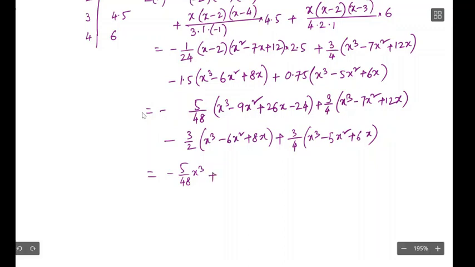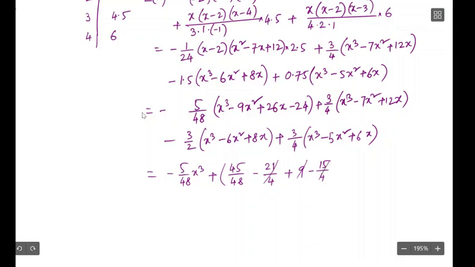Okay, let me do one step more. 45 by 48 minus 21 by 4 plus 9 minus 15 by 4. So 21 by 4 minus 15 by 4 is minus 9 and is plus 9.